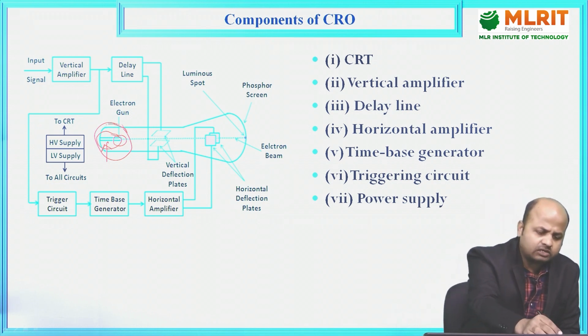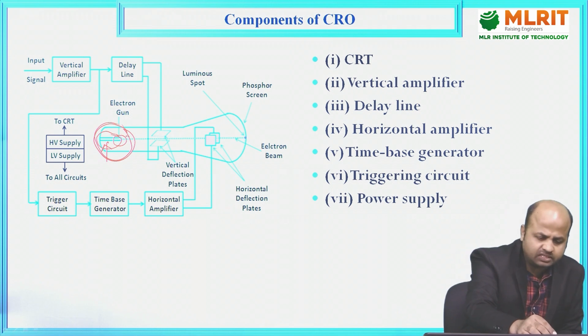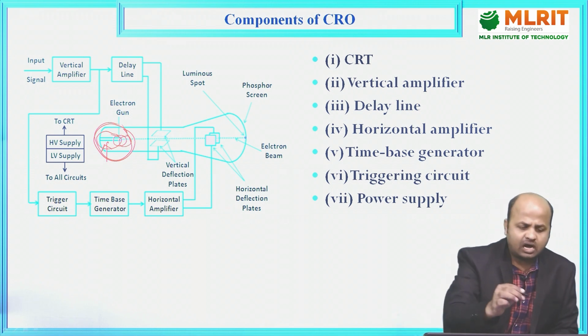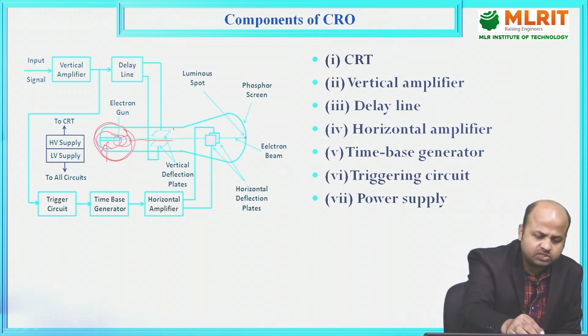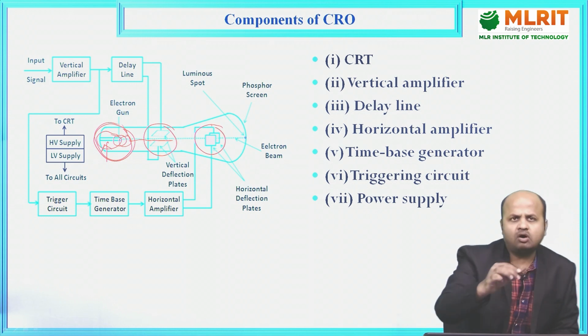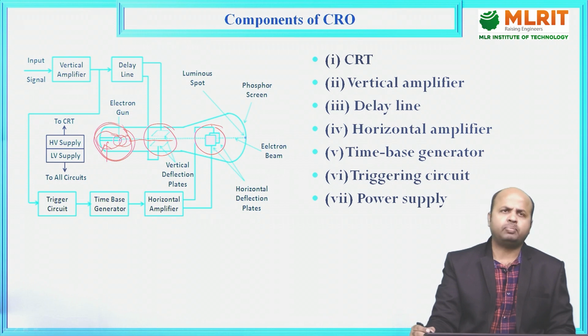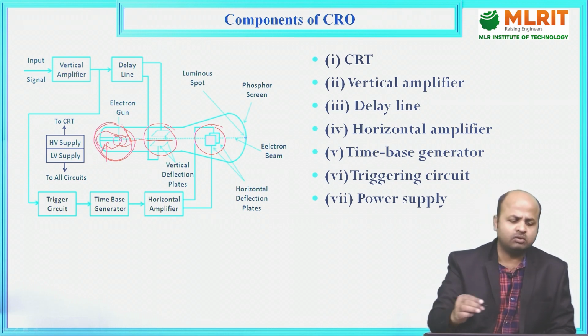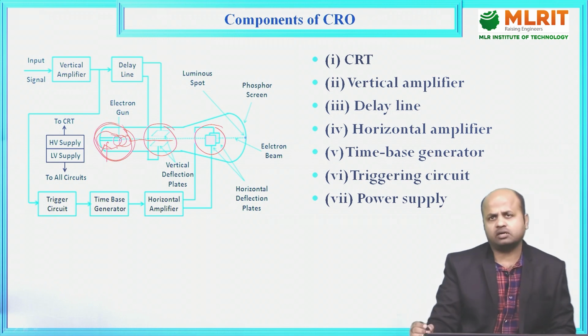Once the electron beam is generated, I will pass this electron beam through this vertical deflection plate and through this horizontal deflection plate. So, how will we understand the CRO? It consists of electron gun, which will eject the electrons.